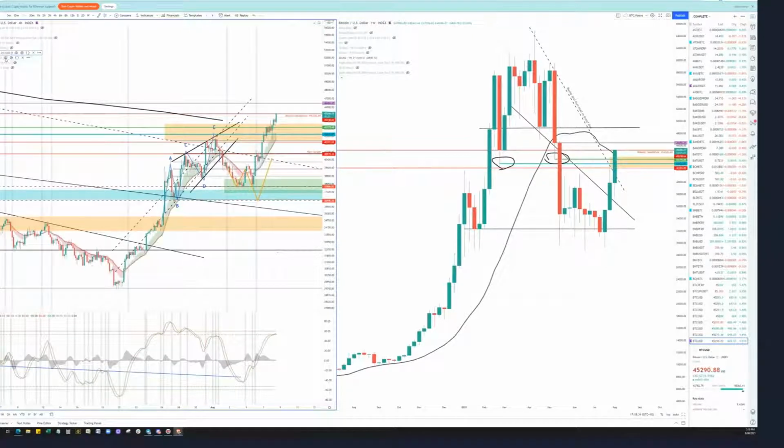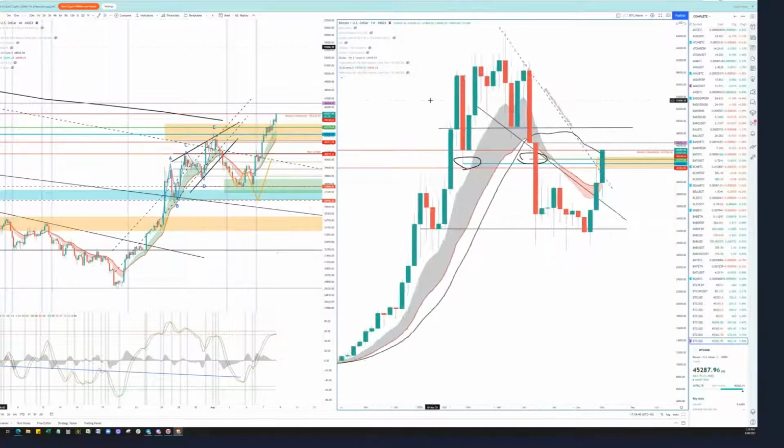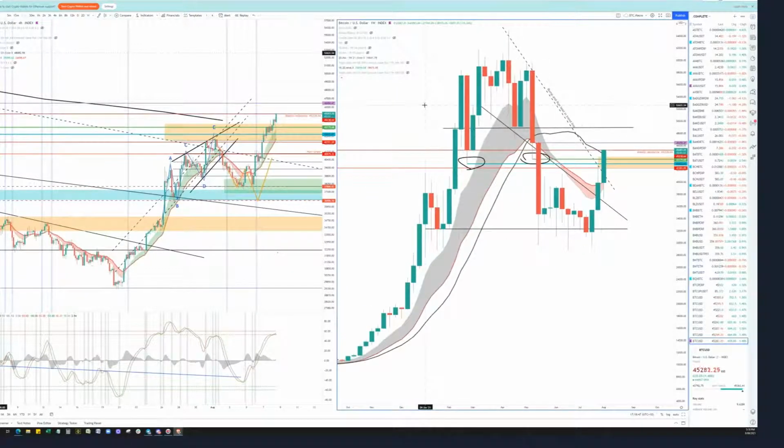Oh, I'm going to put that in there. 10 and 20 daily moving average on 4 hour, and 10 and 20 on the weekly. There you go. We don't need that anymore, and we don't need this anymore.